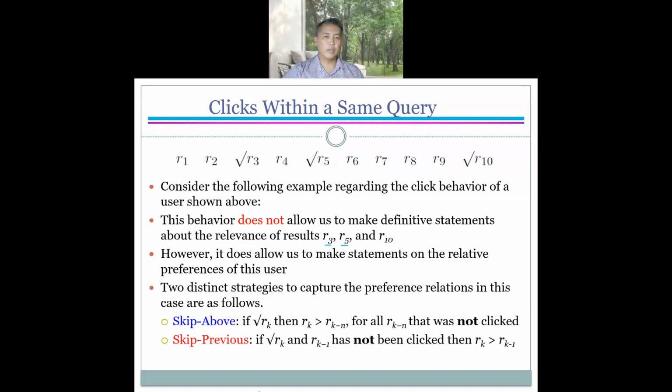But what we can use is what we call skip above. If this is checked, then all the R_k which is bigger than this, for all those that were not clicked.